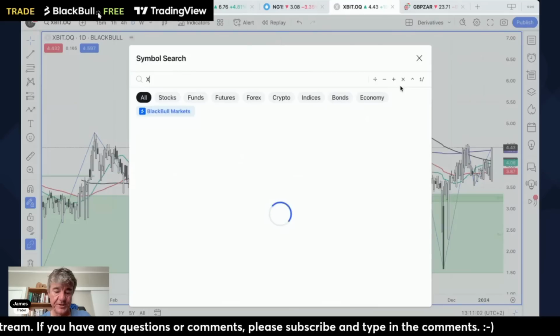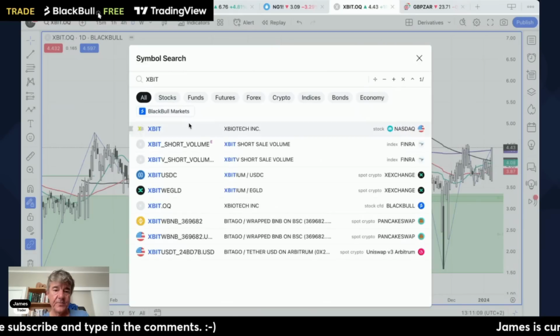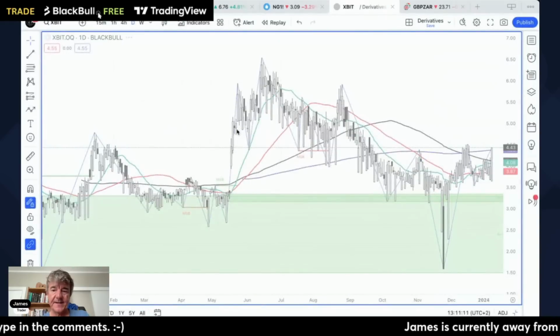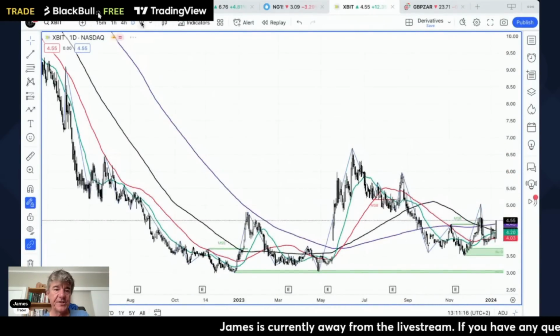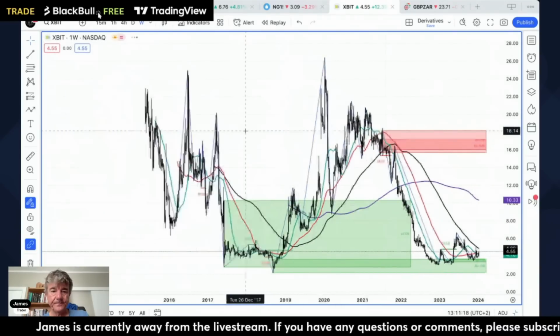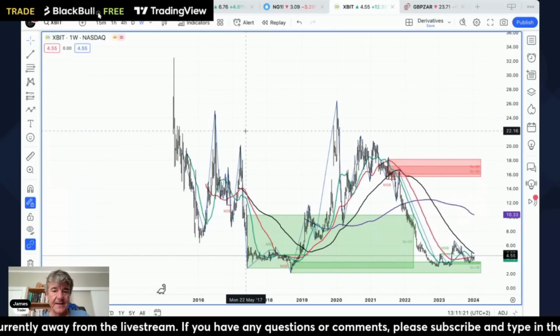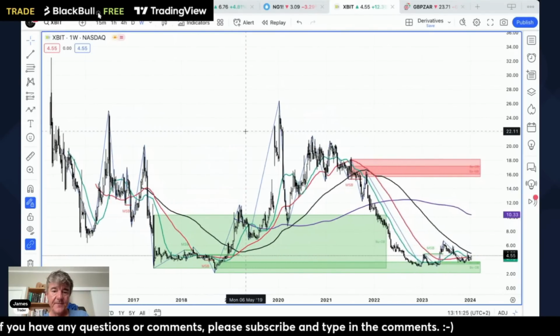This is my Black Bull ticker. Let's just get rid of Black Bull. We don't want that. I'm going to go with the NASDAQ ticker. And I'm also going to switch this to a weekly chart. This is XBI, the biotech ETF. And look where we are.